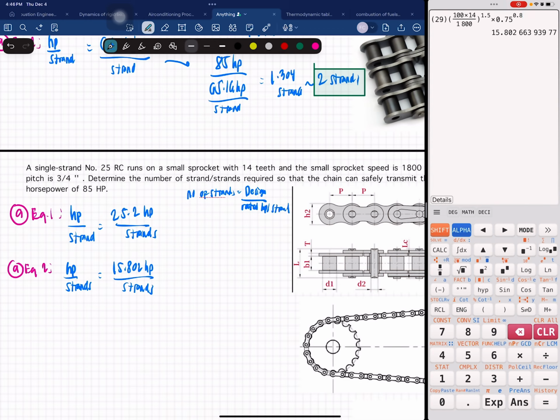It's still 85 HP over 25.2 HP per strand, and the other is 85 HP over 15.802 HP per strand.